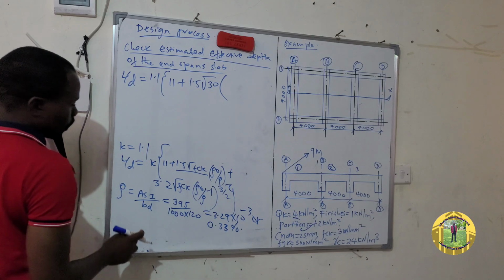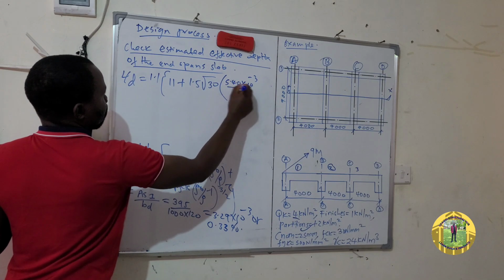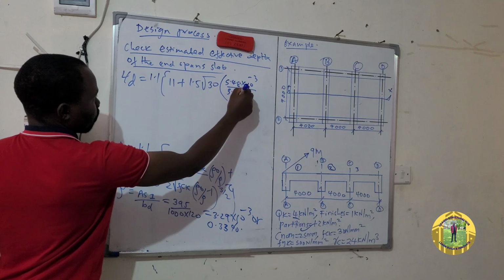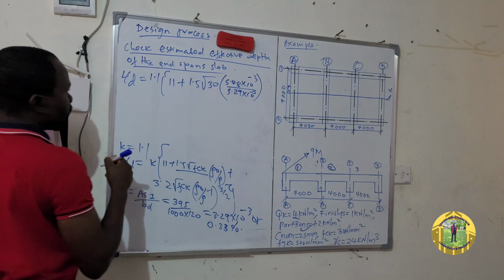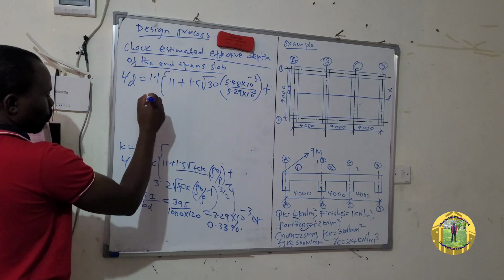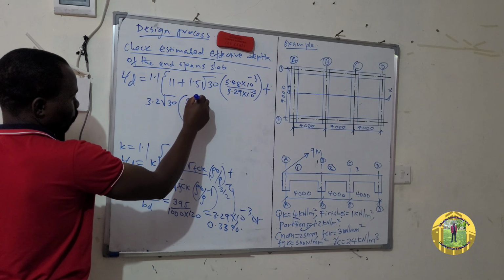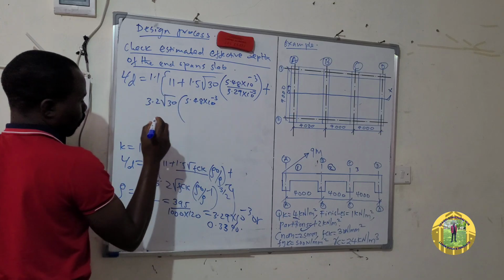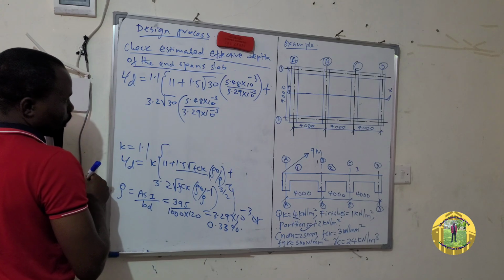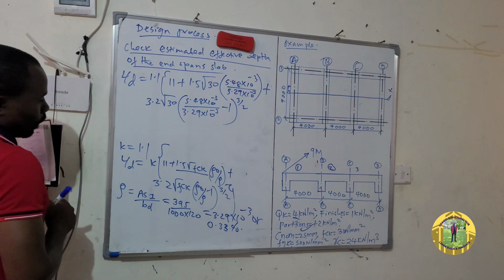Then this one, it remains the same, 5.48 times 10 to the power of negative 3 all over, sorry, this one will change, 3.29 times 10 to the power of negative 3, you close the bracket, plus, we come here, 3.2, FCK is 30, into bracket, 5.48 times 10 to the power of negative 3 all over 3.29 times 10 to the power of negative 3 minus 1 raised to power 3 over 2, like that.